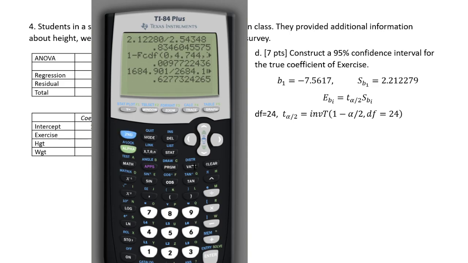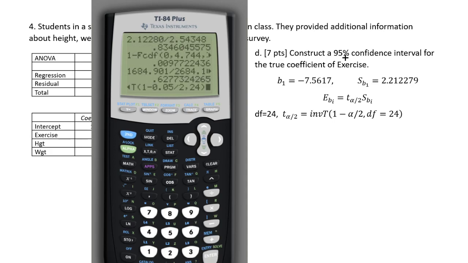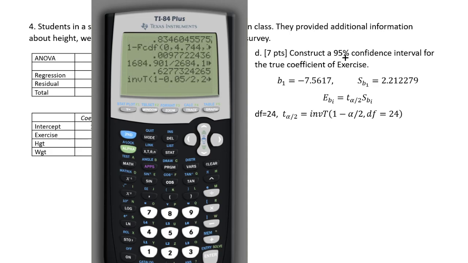So you go to second distribution, go to inverse t, and you do 1 minus. Since the confidence level is 95%, the significance level is 0.05. So you do this and divide by 2. Degrees of freedom is 24, and if you paste this, you get the value of 2.063.